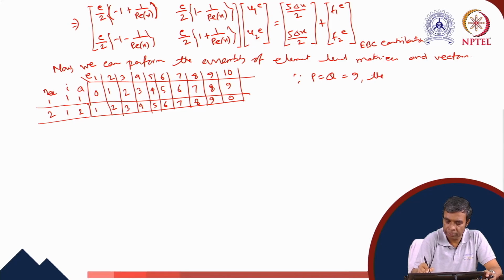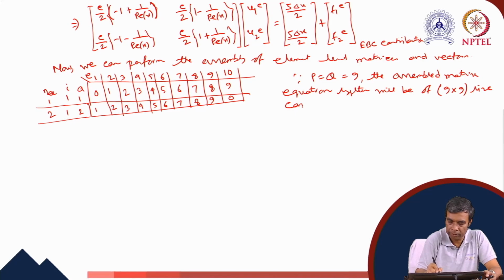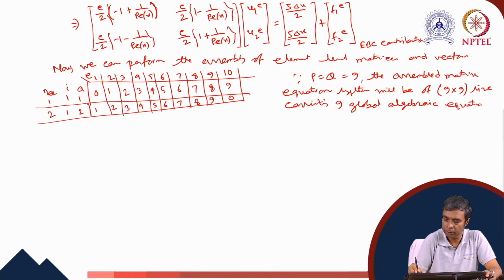So the assembled matrix equation system will be of 9 by 9 size, consisting of 9 global algebraic equations. So KPQ uQ equals FP.